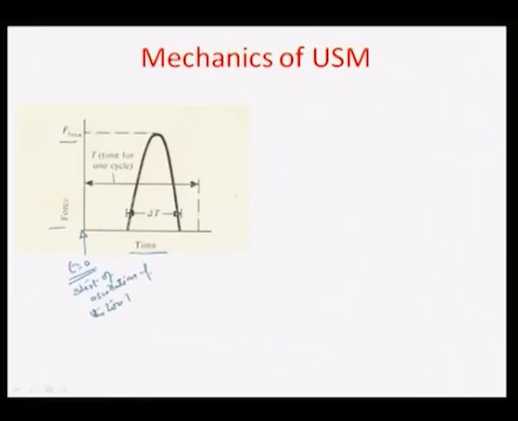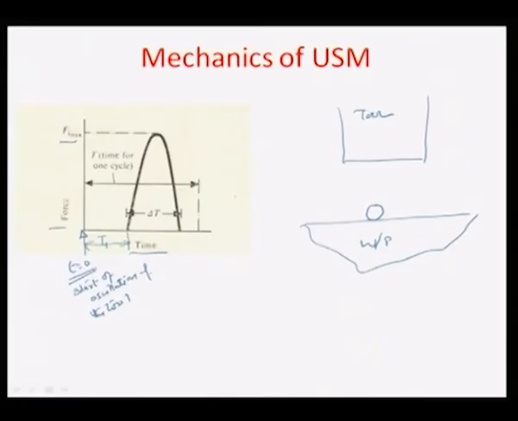So, the tool does not find a grain unless it moves closer to the surface by a certain distance, and this time here, let us say for example, T1, is spent in coming in contact with a grain which is already in contact with the work surface on the other side. So, this is the tool, let us say, okay, and this is the surface that we are trying to machine, and there is an abrasive grain which is resting somewhere here.